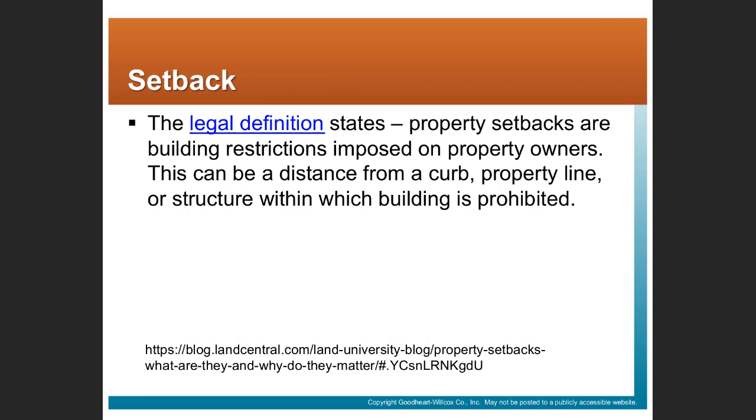Right? A setback. Setbacks are building restrictions imposed on property owners, and that's going to be a distance from a curb or a property line or another structure in which we cannot build.